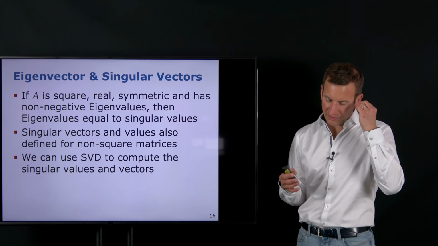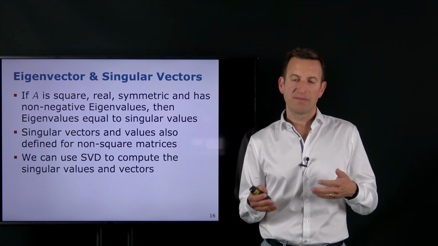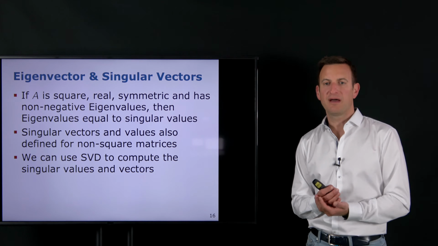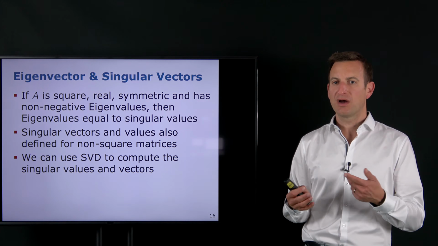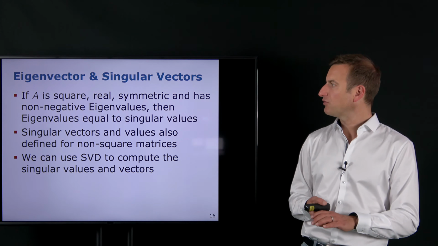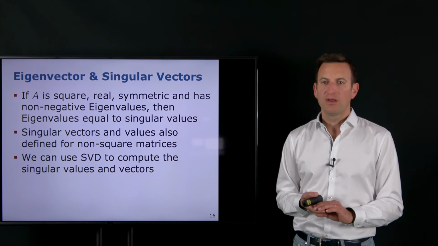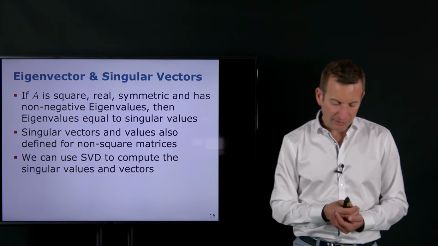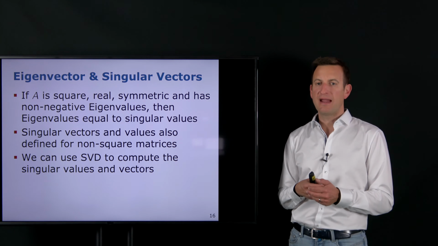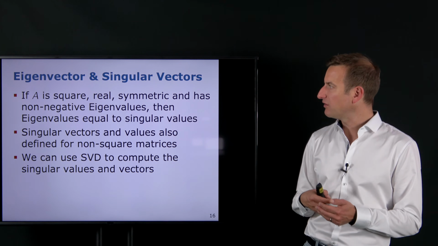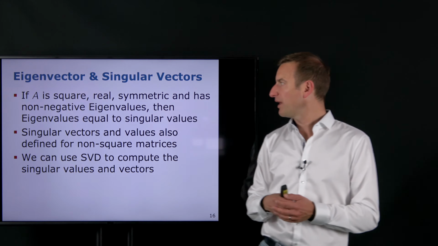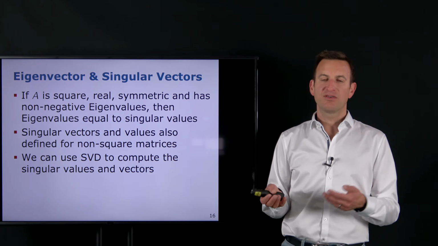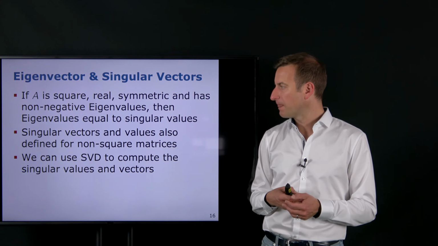The singular values and vectors are a generalization of the eigenvectors and eigenvalues, in the sense that eigenvalues are only defined for square matrices which are real and symmetric and have non-negative eigenvalues, while the singular values and vectors can be computed for any other matrix. But if we are in the setup of a square real symmetric matrix with non-negative eigenvalues, then the singular values and the eigenvalues are actually the same.